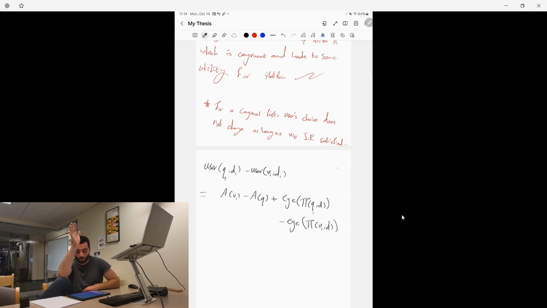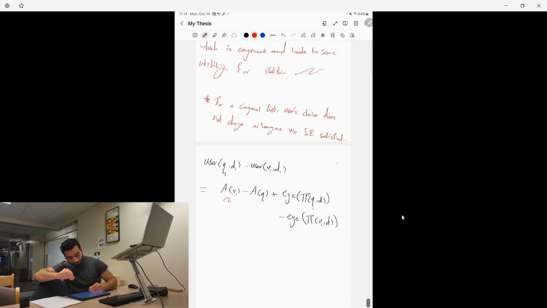Not character, one word. So this articulation cost is like +1 if we assume it is linear, or 1a, and this eyeballing cost can be like pi q1 d minus pi v1 d, right?